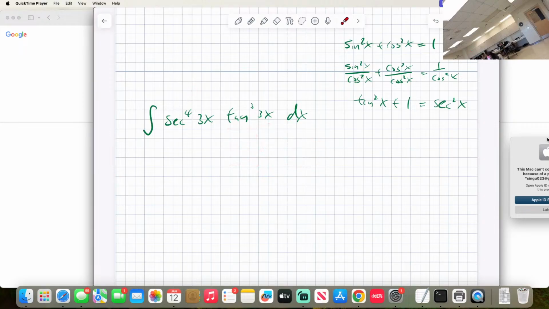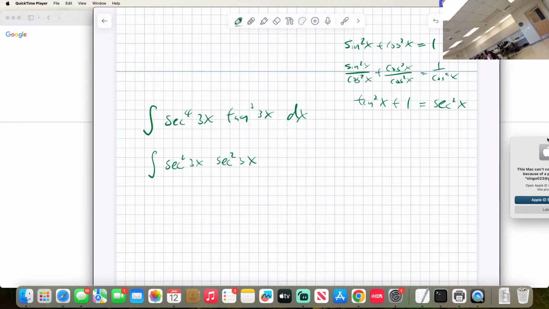So you have to split up the secant fourth into both of them, so that way you can see that. Okay, so let's split up to both of them. That's gonna be secant square of 3x times secant square of 3x, right?